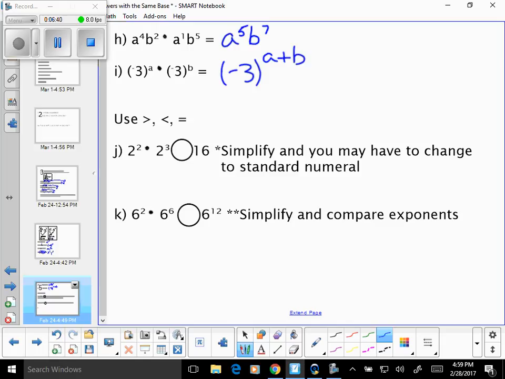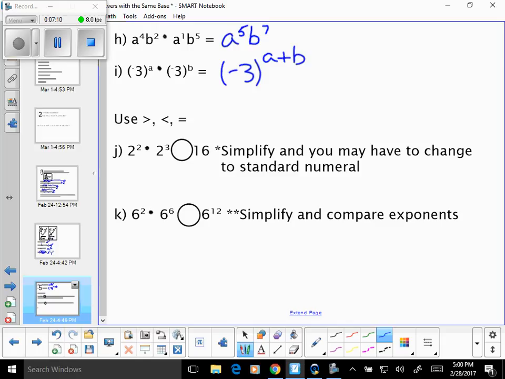The other skill that they're going to ask you to do is greater than, less than, or equal, working with multiplying powers with the same base. Now, sometimes the best thing to do here is simplify, and actually you'll probably have to change one side to a standard numeral.